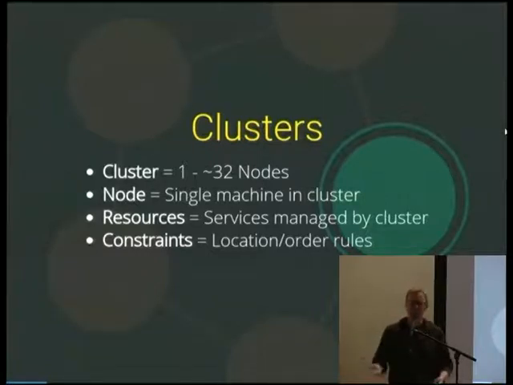But the basic functionality is a small set of machines in roughly the same location with very reliable network connections between them. The cluster manages resources, and basically that's software. It can be pretty much anything, and there's a set of rules that govern how these resources are managed.